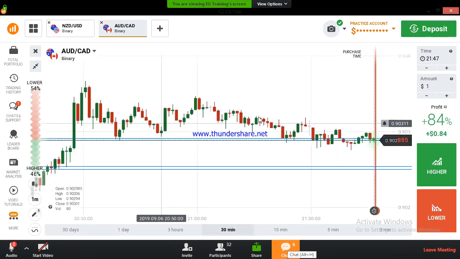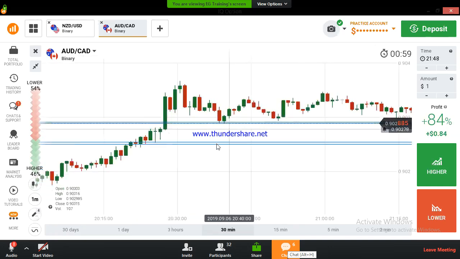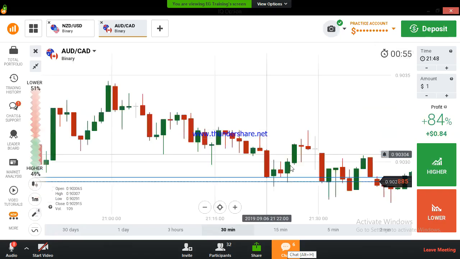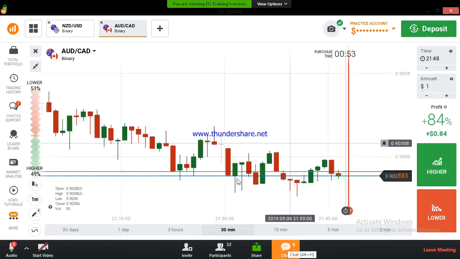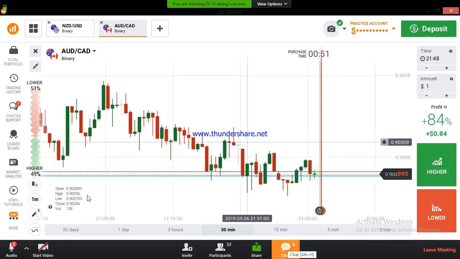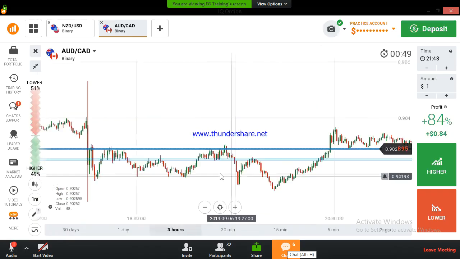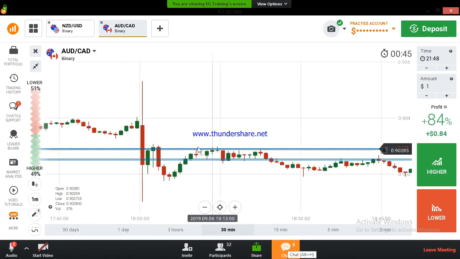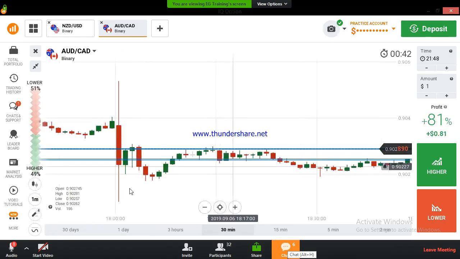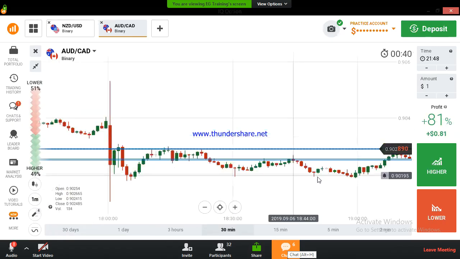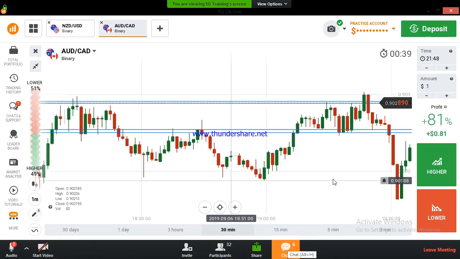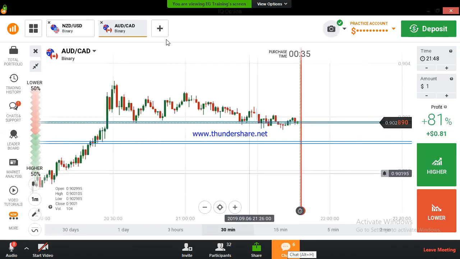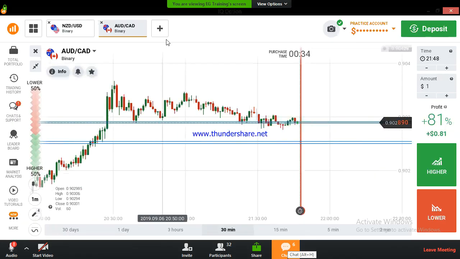When the market comes to this level and closes at this area, you can place your trade directly on the next candle. Here also you can place your trade. If the candle closed at the level, you can place your trade directly on the next candle. But it's better to follow the additional rules to get more winning ratio. I will explain now.